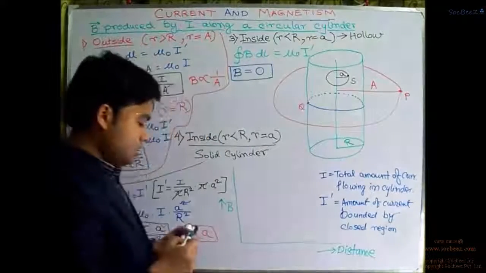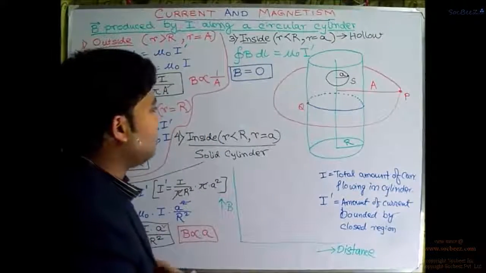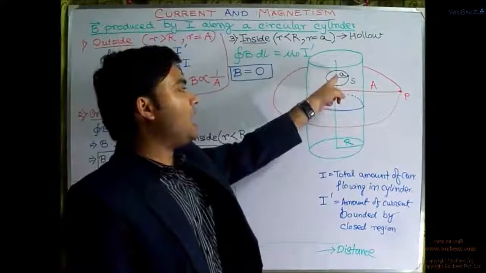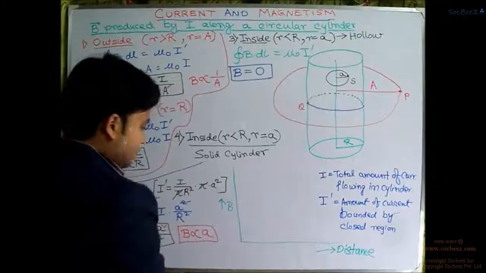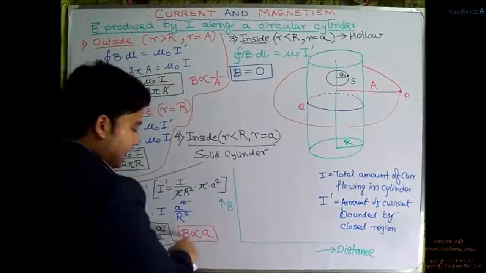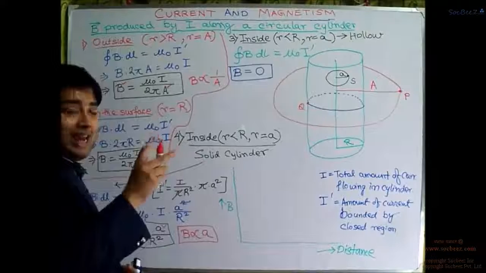Right? So over here it will be 0, and the line will be directly proportional to a.